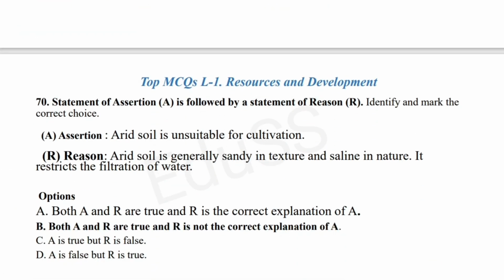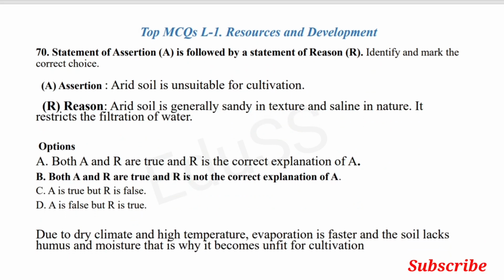Next, let us see the assertion statement. Arid soil is unsuitable for cultivation. Reason, arid soil is generally sandy in texture and saline in nature. It restricts the infiltration of water. Assertion: arid soil is unsuitable for cultivation. It is true.